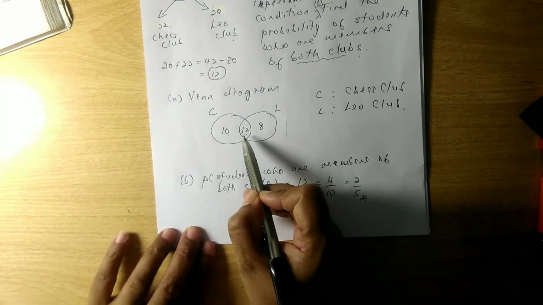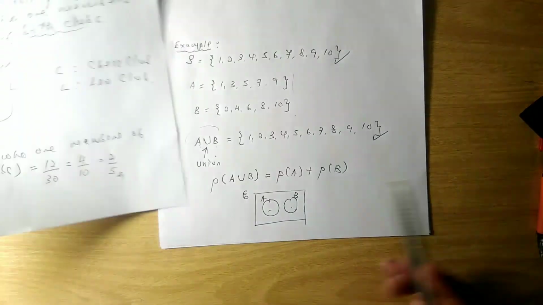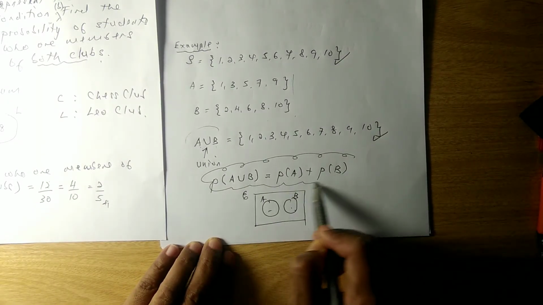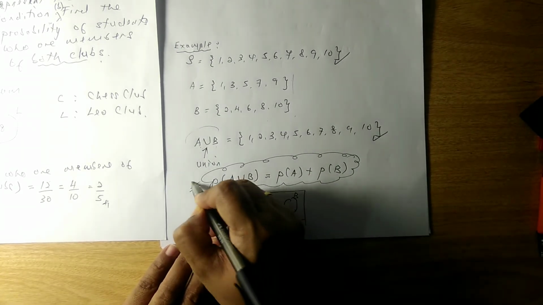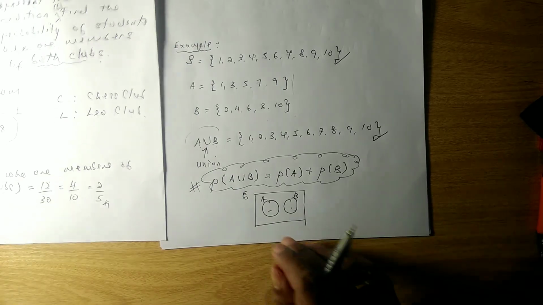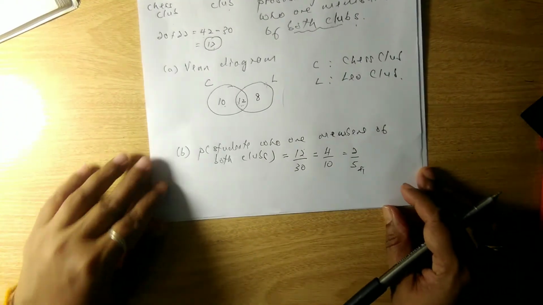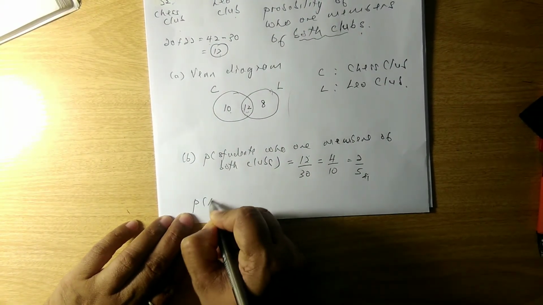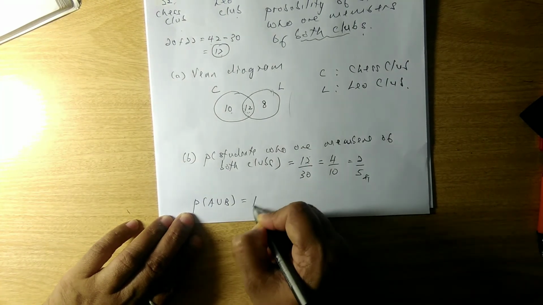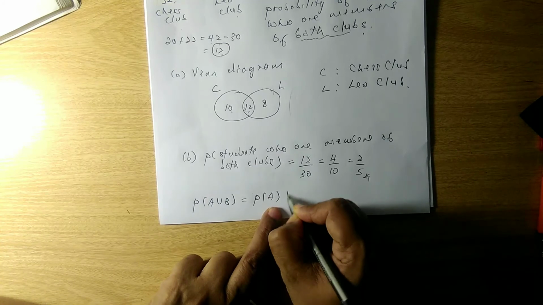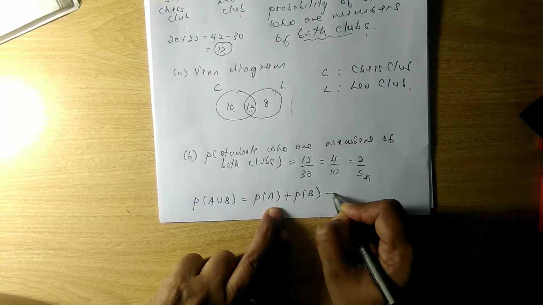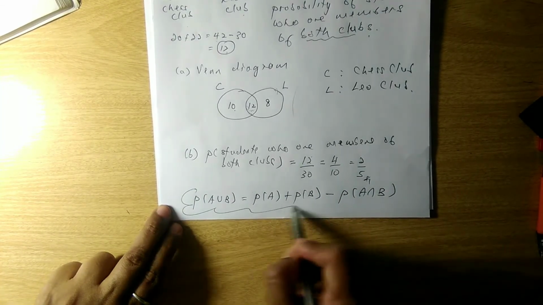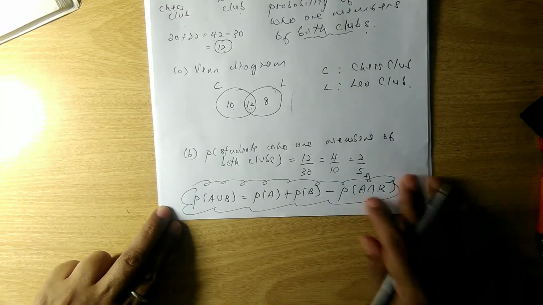For cases like this, whereby you have an intersection, we can write A union B equals the probability of event A plus the probability of event B minus the probability of A intersection event B. So this is the difference between this example and this example.